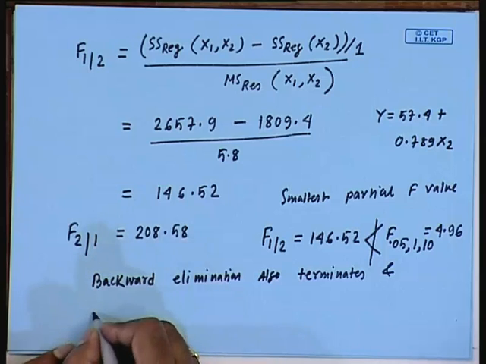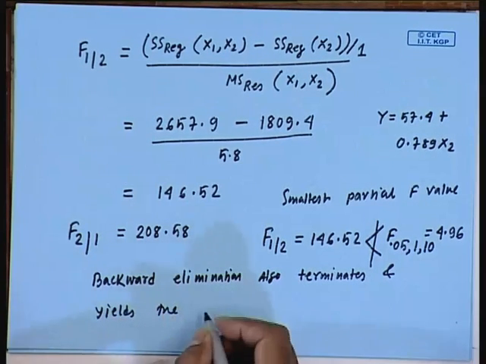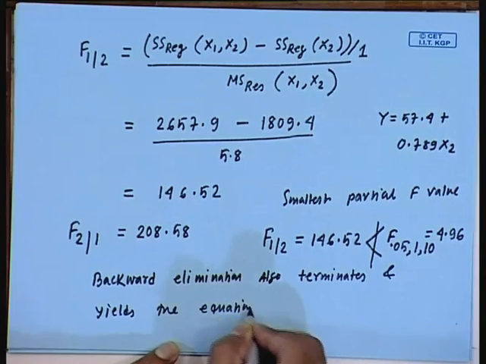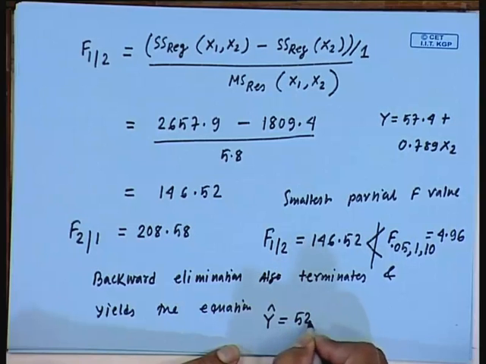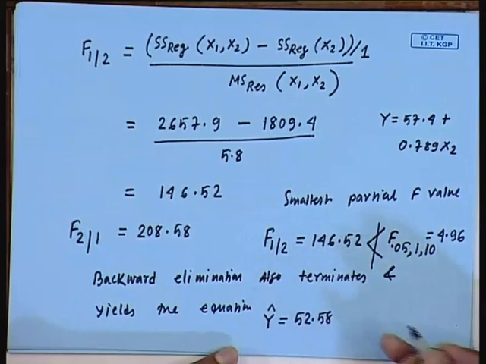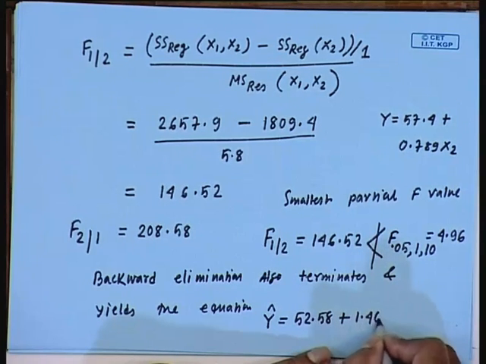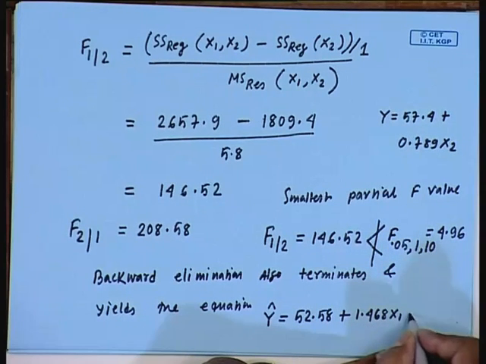Okay. So, here we say that the backward elimination algorithm terminates, and yields the final equation: y hat equal to 52.58 plus 1.468 x1 plus 0.662 x2. That means the model involving x1 and x2 is the best subset regression model.